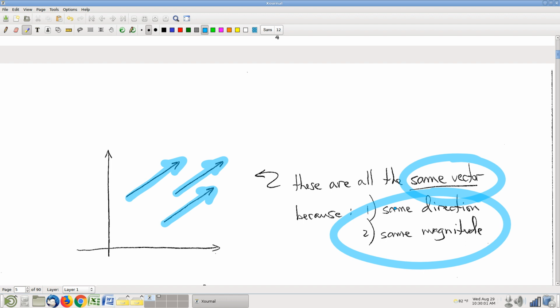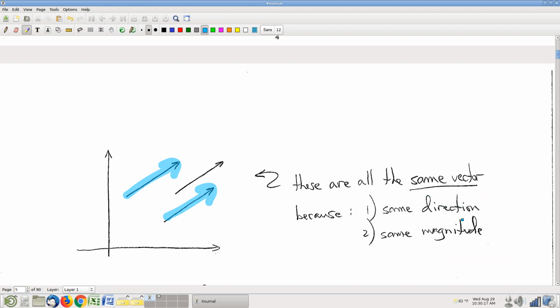A lot of students get confused on this point and think, no, vectors are arrows, and so that's one vector, and this is a different vector, because look, it's way over here. Not so. These are different as arrows. They're not the same arrow. Arrows are drawn with a pencil. The pencil lead over there is not the same as the pencil lead over here. So they are different as arrows, but they're the same as vectors.